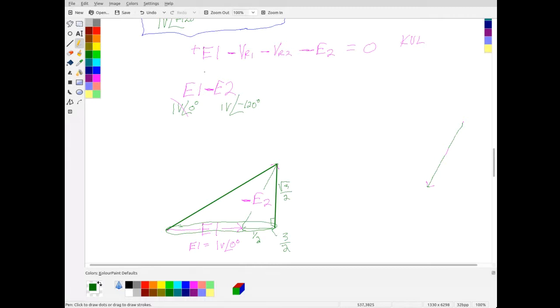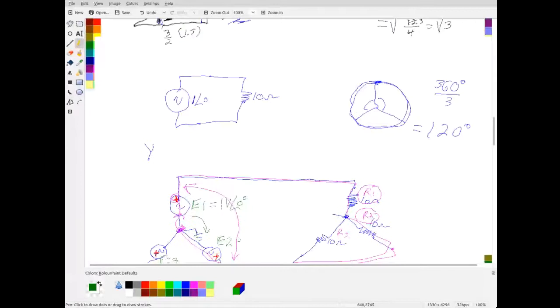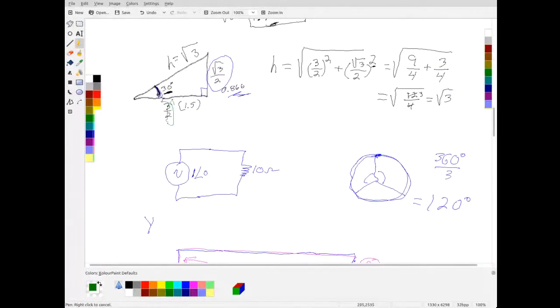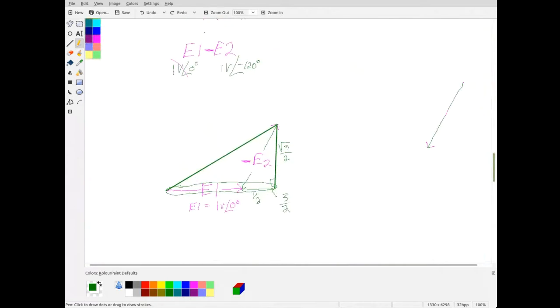All right, and so we were looking at this triangle up here earlier, and we saw that if we have 3/2 and the square root of 3/2, then we get that this hypotenuse ends up being the square root of 3 volts.